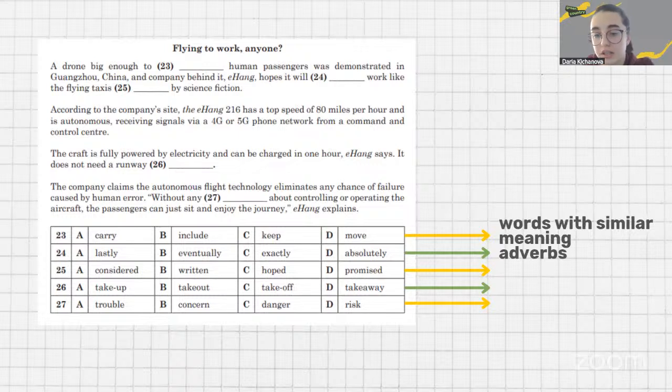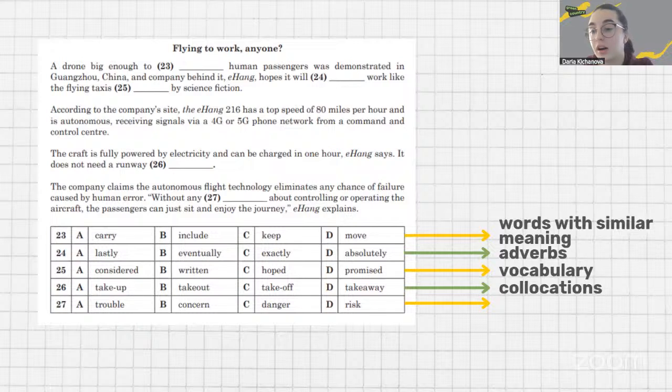Here you may see that we don't have any words that have similar meaning, but we just check our vocabulary. Do you know what these words mean? Do you know the difference between promise, for example, and hope? When we're talking about question 26, there we have take up, take out, take off, and take away. So you can see that we have the word take and different prepositions.